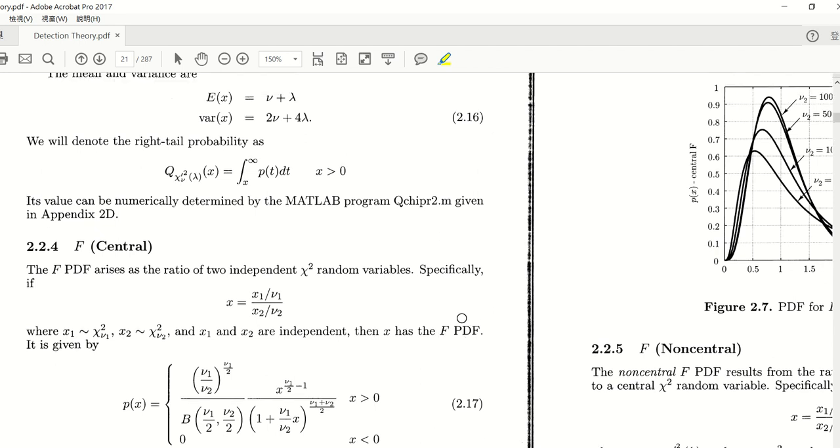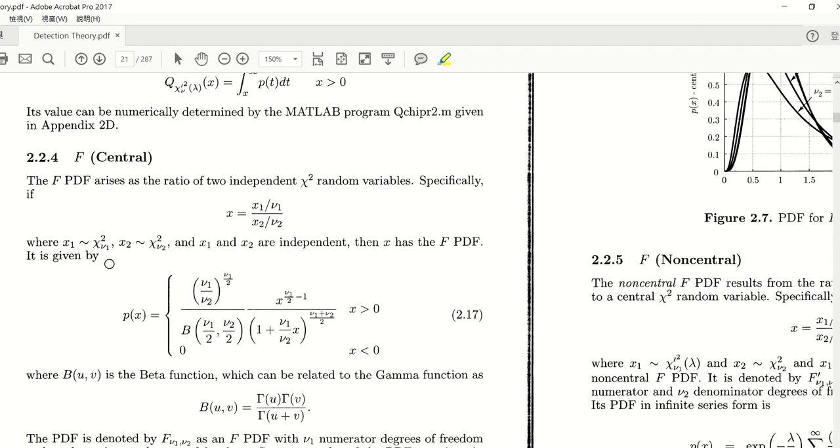Then you can imagine the chi-square distribution has a very complicated formula. Now we are making a ratio of a complicated random variable. It's getting more and more complicated, as you can imagine.